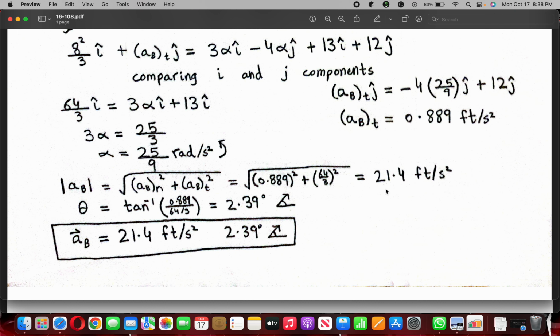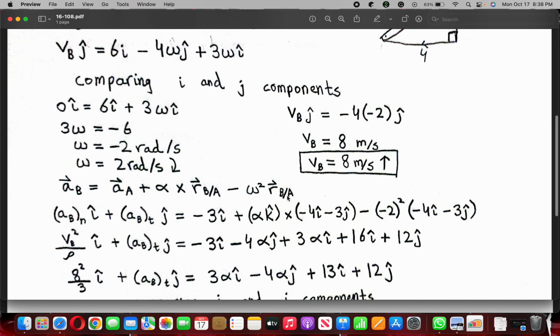There's a direction as well. To find the direction, we divide the tangential by the normal component, and we get 2.39 degrees, and over here we can see the direction.